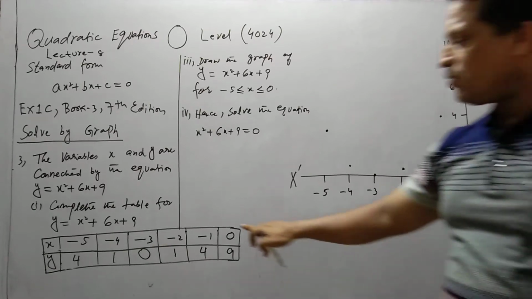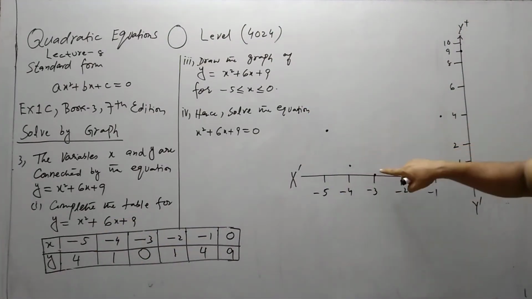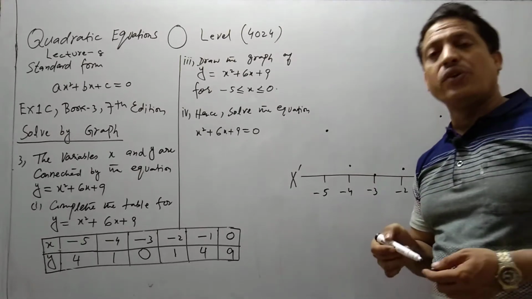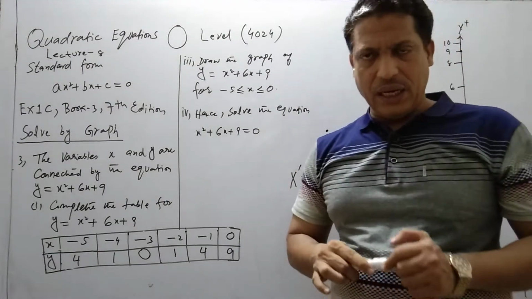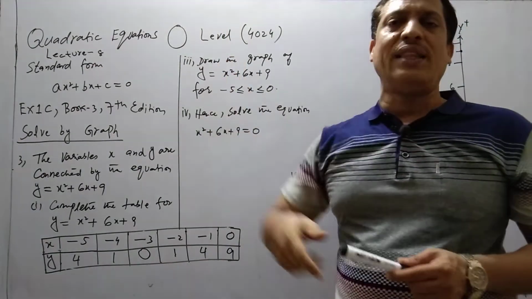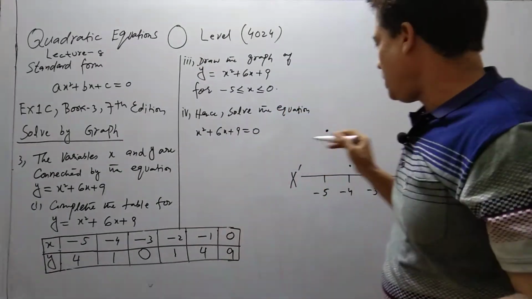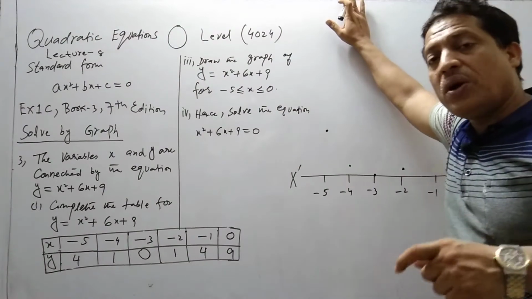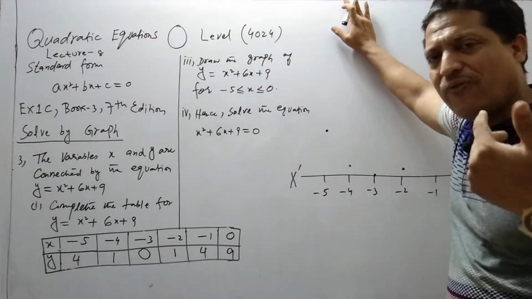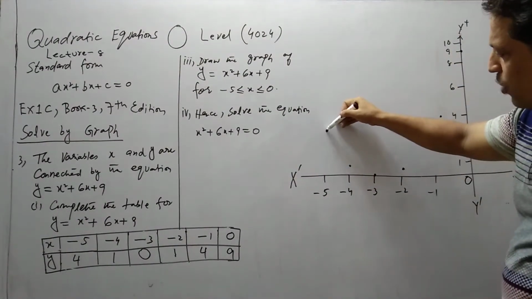So how many points? 1, 2, 3, 4, 5, 6. Now don't use a scale. You just join all the points with free hand, in order to not fluctuate your points. What is the meaning of fluctuation? I will tell you. So I am joining these points.